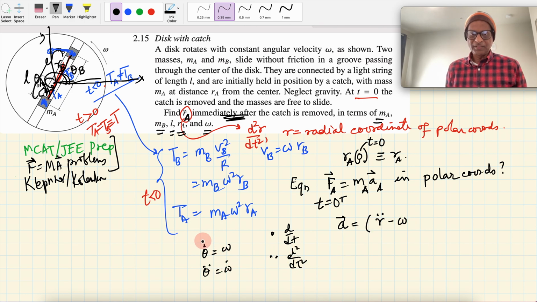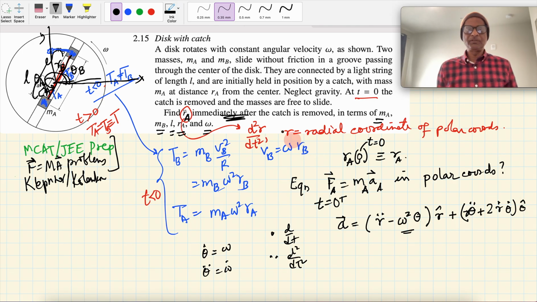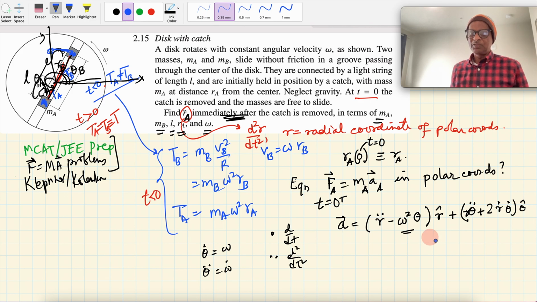So we're using angle variables like that. This is the centripetal acceleration in the r hat direction, plus the theta component: 2 times r dot theta dot plus r theta double dot. This one I would recommend memorizing if you find polar coordinates a very useful tool.